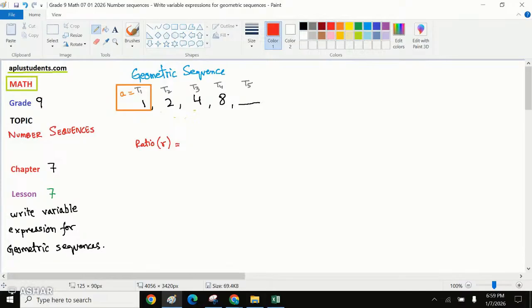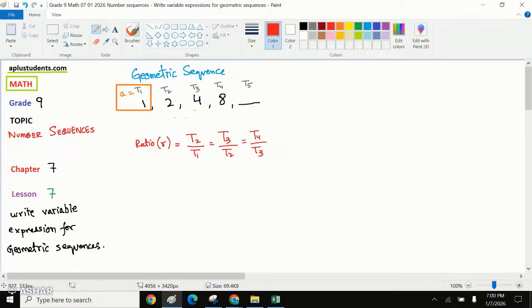How do we find the ratio? The ratio is the ratio between any two consecutive terms. We can write term 2 divided by term 1, or term 3 divided by term 2, or term 4 divided by term 3. Any two given terms will have a ratio.